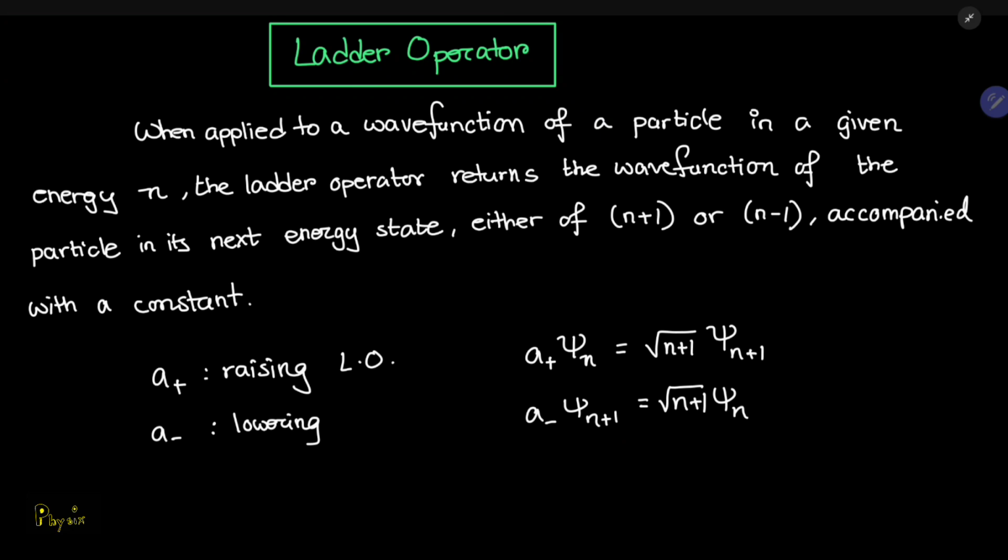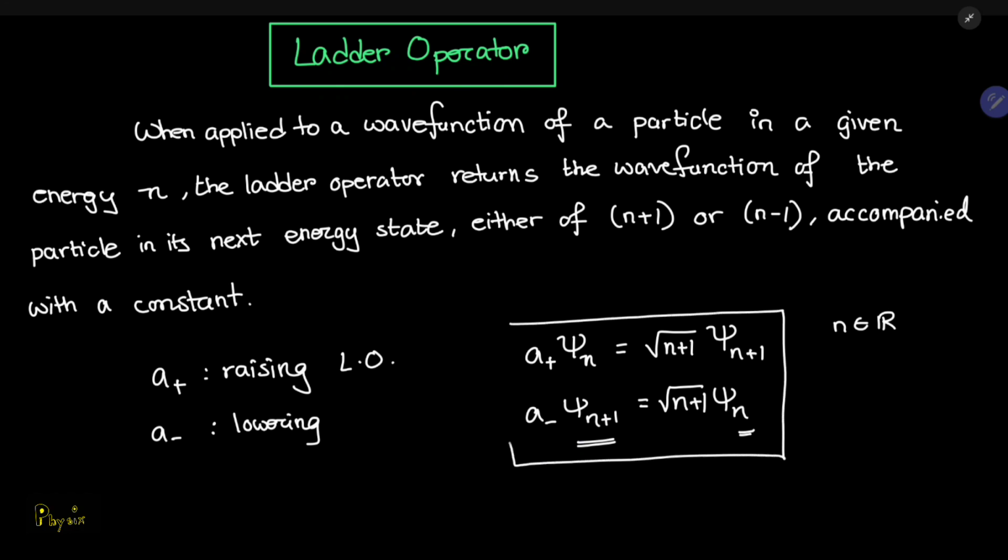When we discussed the allowed energies of your particle, we said that n is a non-negative integer, and the least possible value of n is 0. So when n is equal to 0, psi sub n plus 1 becomes psi 1, and you get psi sub 0. That is why we chose to write psi n plus 1 over here.